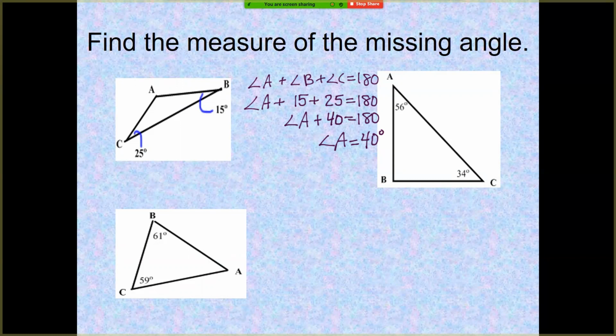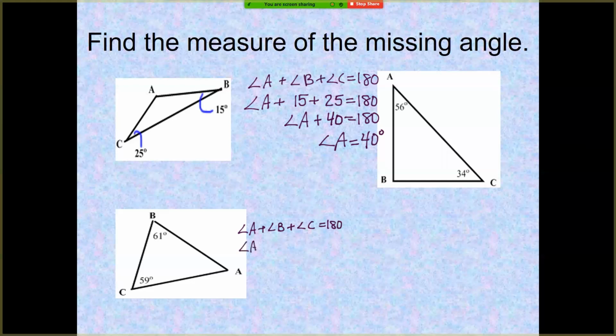I'm going to subtract 40 from both sides to know that angle A must be 140 degrees. Same thing's true for the triangle at the bottom. So the measure of angle A plus the measure of angle B plus the measure of angle C has to equal 180 degrees. Does not matter what the triangle looks like. All three angles, when added up, have to equal 180 degrees.